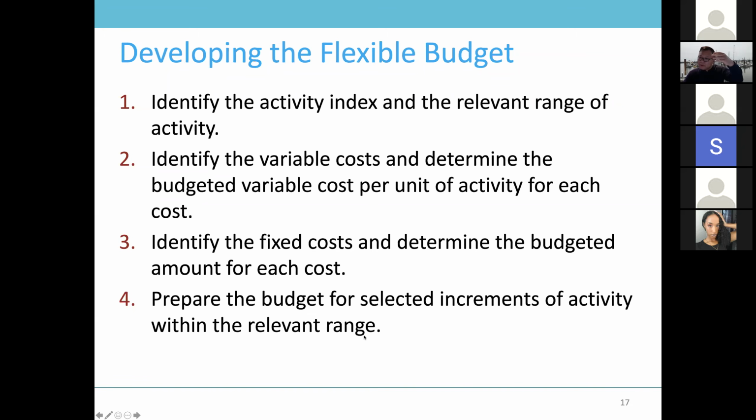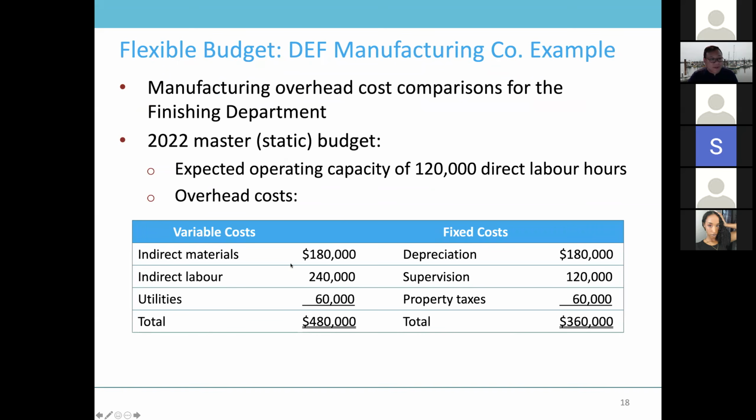And number 4, you prepare the budget for selected increments of activity within the relevant range. Let's say I go with 1,000 increments: 8,000, that's the level of activity, then 9,000, 10,000, 11,000, 12,000. So the relevant range is between 8,000 and 12,000. It will be very clear once we do this.